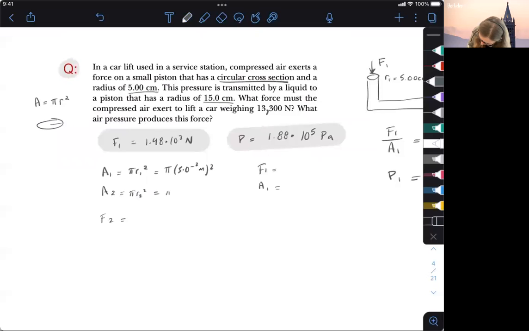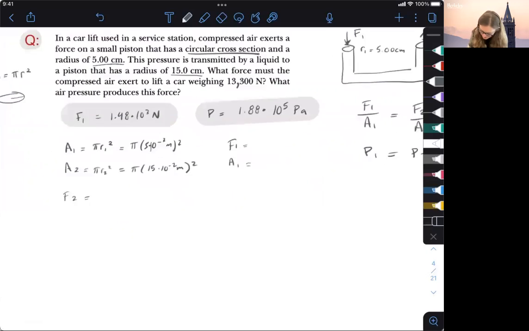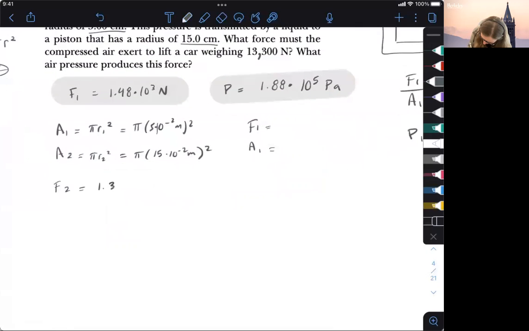And this is going to be pi times 15 times 10 to the negative 2. So this should say 10, my handwriting isn't the best here, squared. Okay, so I found the cross-sectional area for both of those. I also want the force that's coming out to be equal to 13,300 newtons, right? It's a very large force. So we're going to say that's 1.33 times 10 to the 4th newtons.